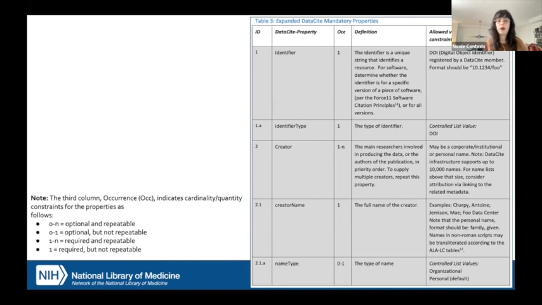So here's the background of the DataCite metadata schema. And you can see here we get information like you are asked to include an identifier and that they request that all of these be DOIs. If it is not a DOI, they ask you to include the type of identifier. So this is where you would say a DOI, or perhaps you would use one of the accession numbers like they have in some of the genomic data repositories.